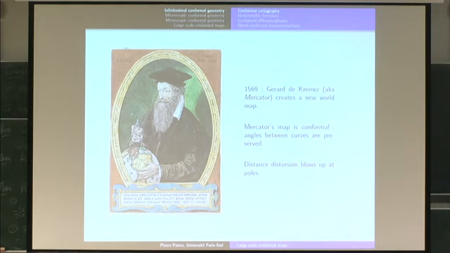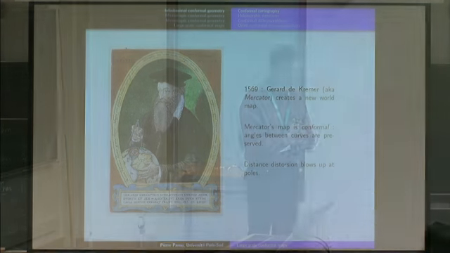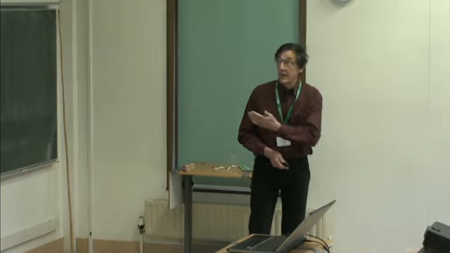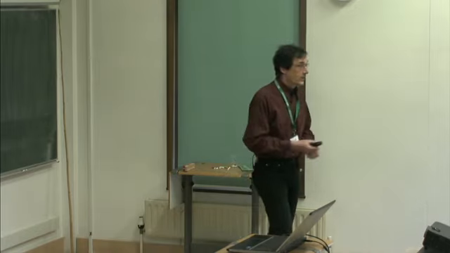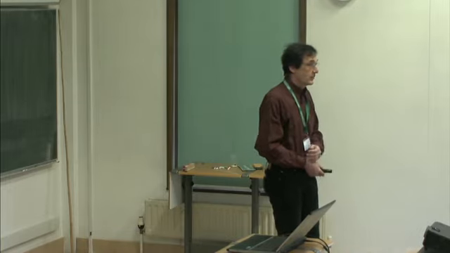The idea was to help navigators follow routes called loxodromes, which make a constant angle with meridians. That's a good property of these maps, but the drawback is that the distance distortion is huge, as all of us know. Greenland, for example, appears huge on Mercator's map.